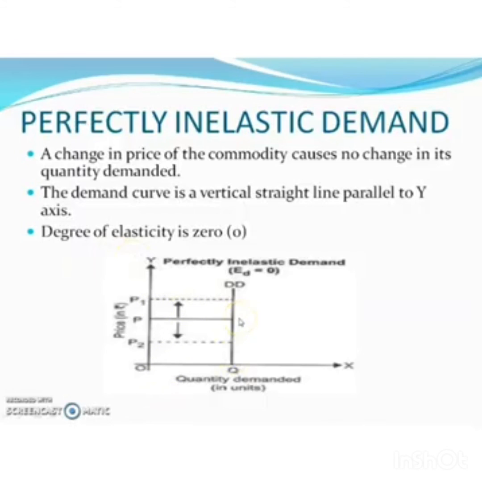In perfectly elastic demand, the curve is a horizontal straight line parallel to the x-axis, but in perfectly inelastic demand, the curve is a vertical straight line parallel to the y-axis, because a change in price does not affect the quantity demanded.